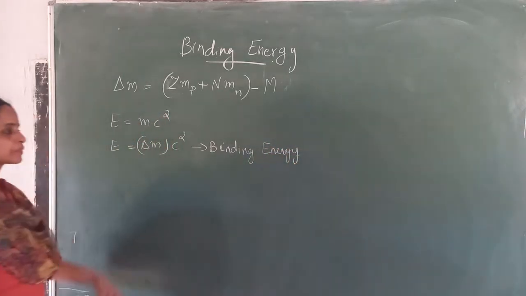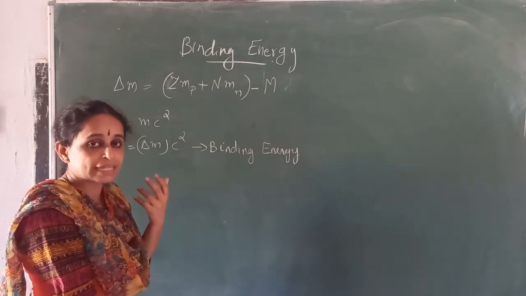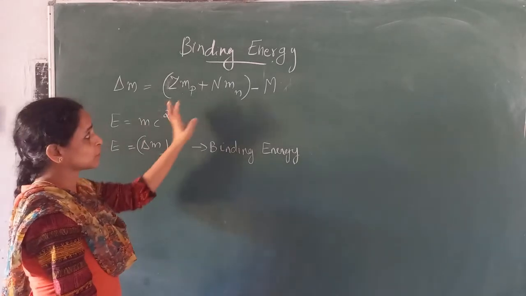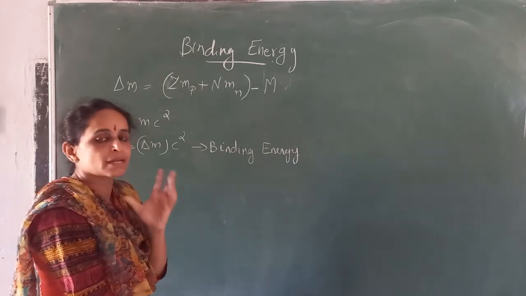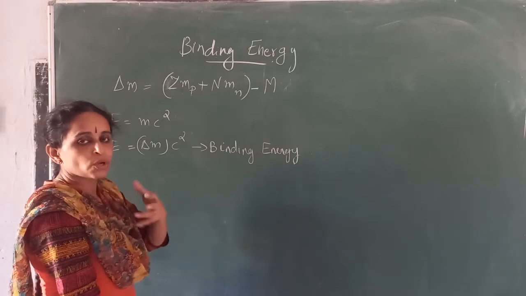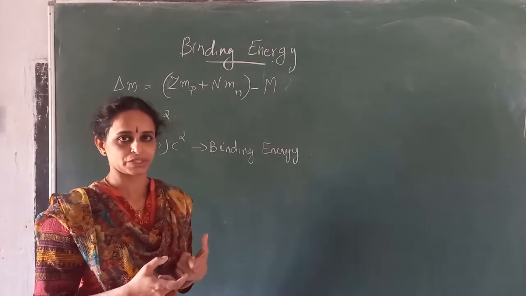That means the nucleus will be stable unless we give it at least this much energy. Otherwise, if the protons and neutrons are combined together, it will release some energy. So in order to split the nucleons, we have to supply that much energy.